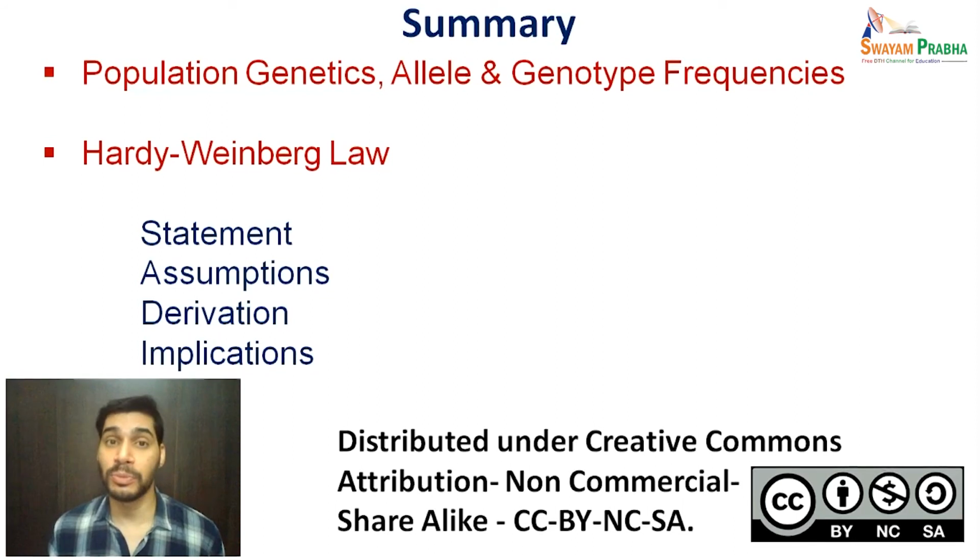If such assumptions are met, the change in allelic frequencies or genotypic frequencies does not take place in the population, or in other words, there is no evolution in such populations. In other words, reproduction alone cannot lead to evolution or change in the frequencies. So we discussed the mathematical expression for that and all these implications.